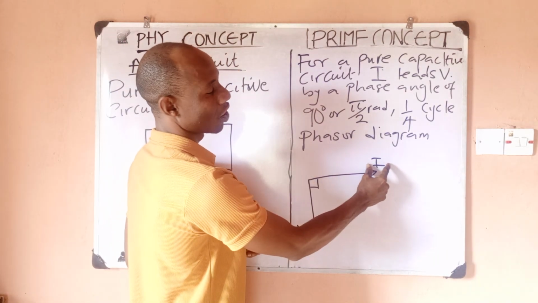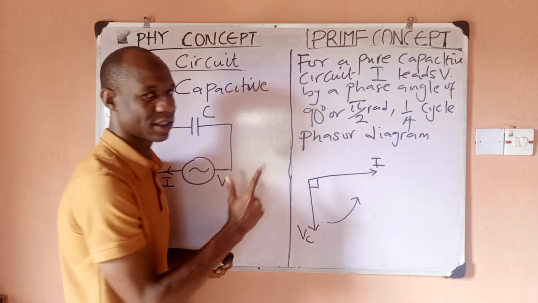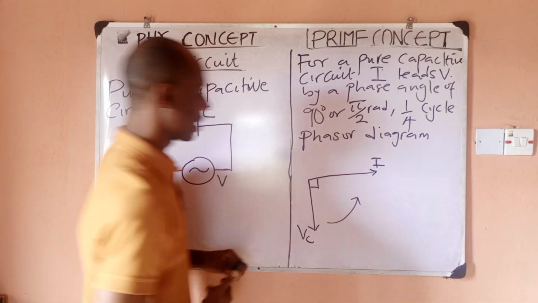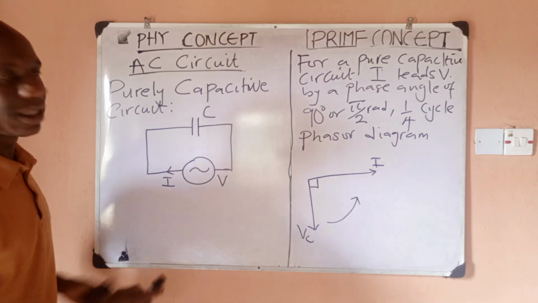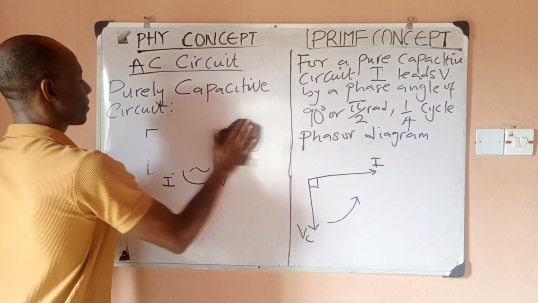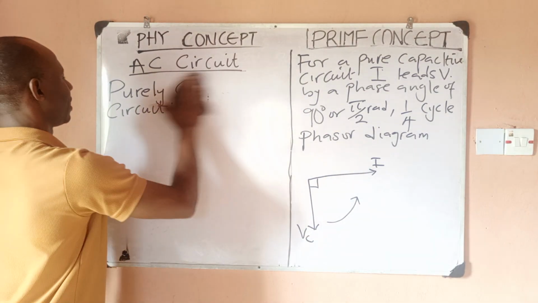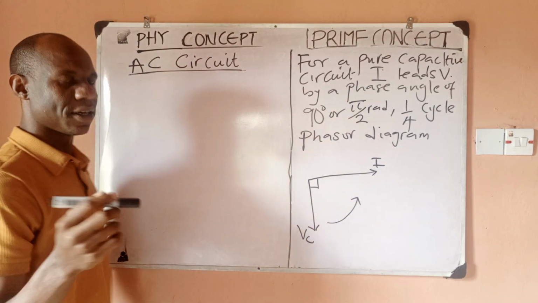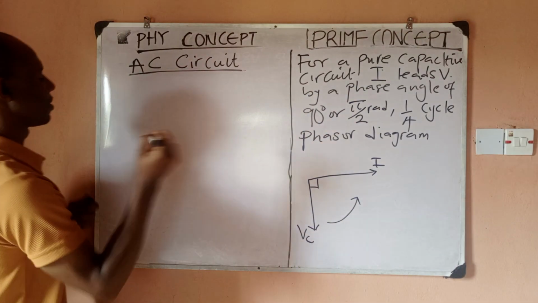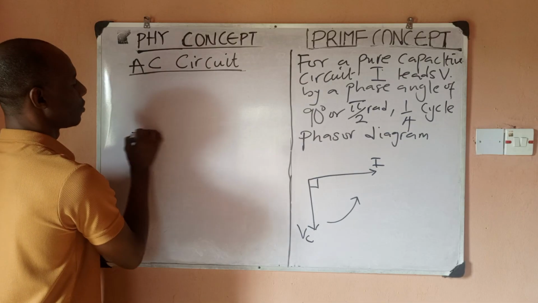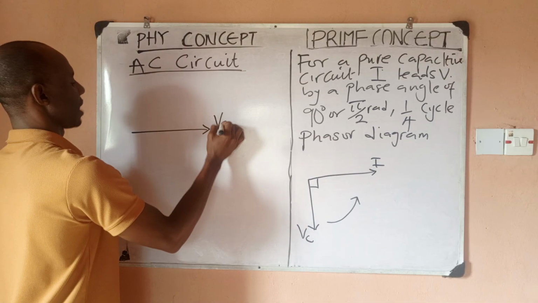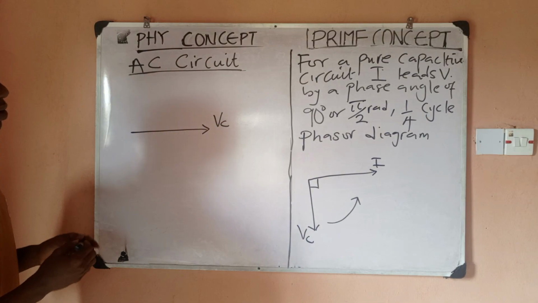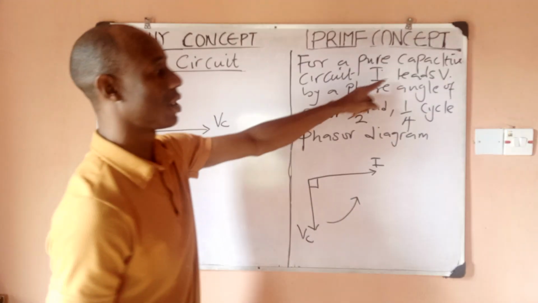Now, in this specific case, I'm considering the horizontal axis. I'm considering the current as my reference. That's why I'm drawing current on the horizontal. I can still draw this in a different way, by considering voltage as my reference. If I consider voltage as my reference, it means I will draw the voltage on the horizontal. So remember, I'm still saying that current leads voltage.